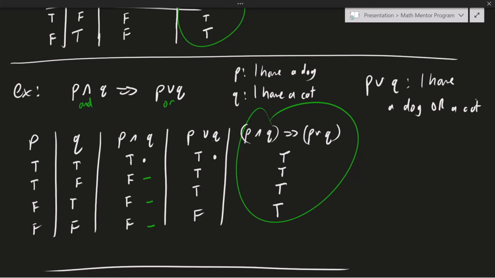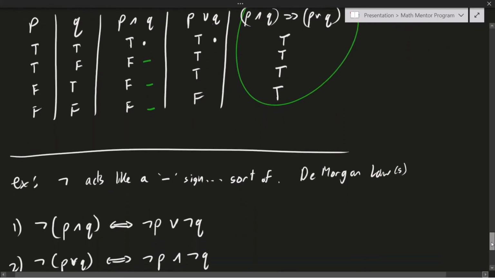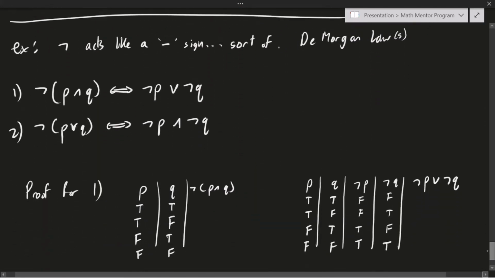Okay. Our last example for today is going to be demonstrating that the negation not actually acts like a negative sign, with one little exception. So this is called De Morgan's laws, and we're actually going to see these more in the context of set theory later on. But this is essentially how it looks.